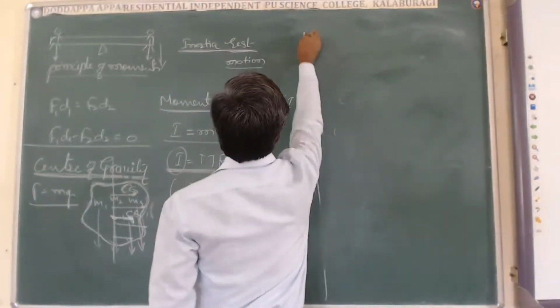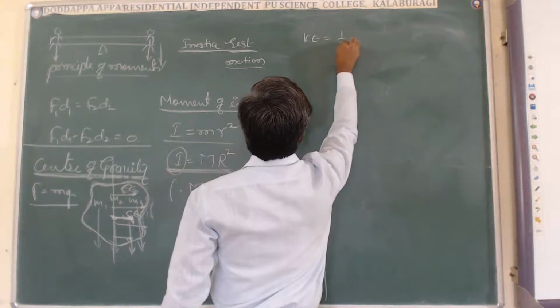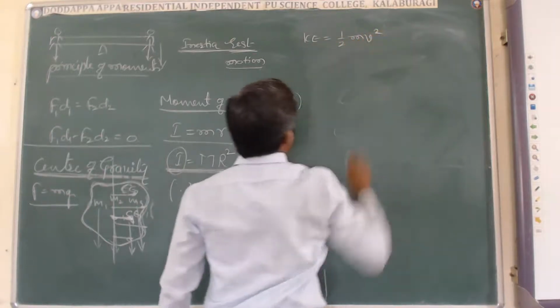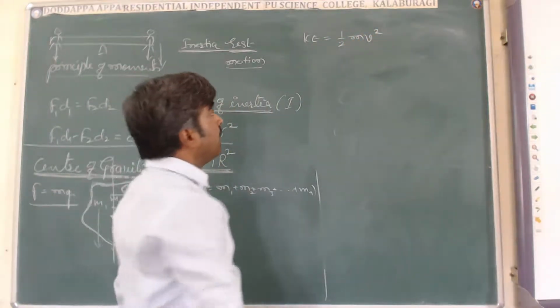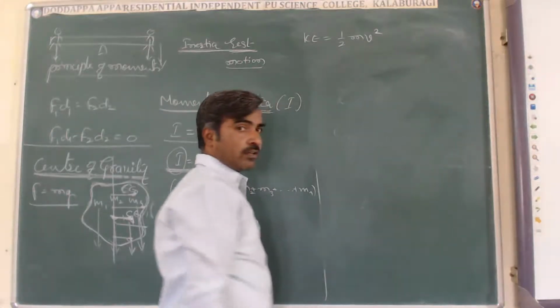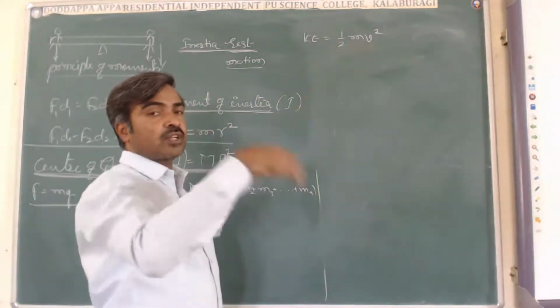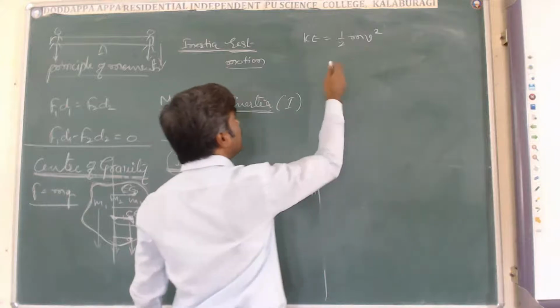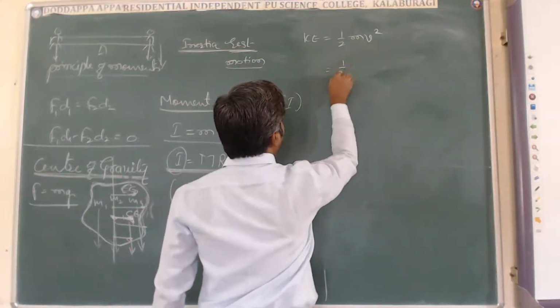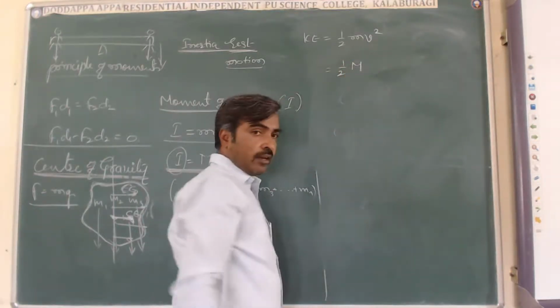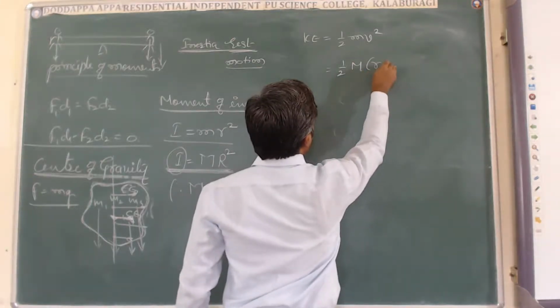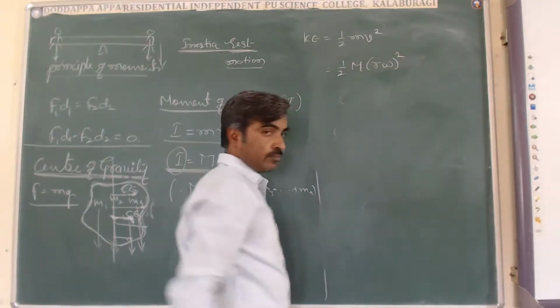Like the kinetic energy of any moving body, we write as half m into v square. If it is made up of a number of particles, then you can write m1, m2, m3 with v1, v2 and so on, but in short, I am showing it here as half m v square. V we can write as r omega, whole square.